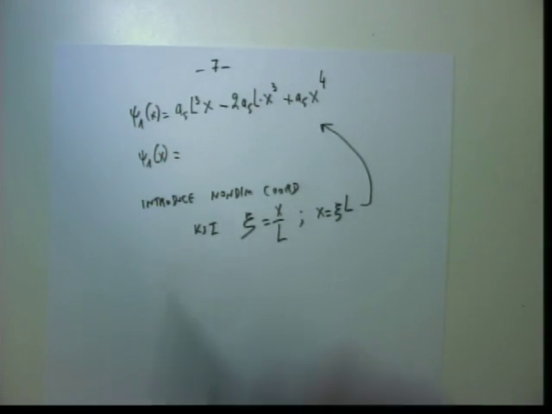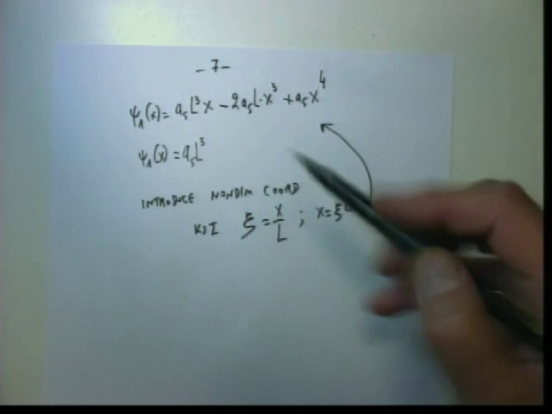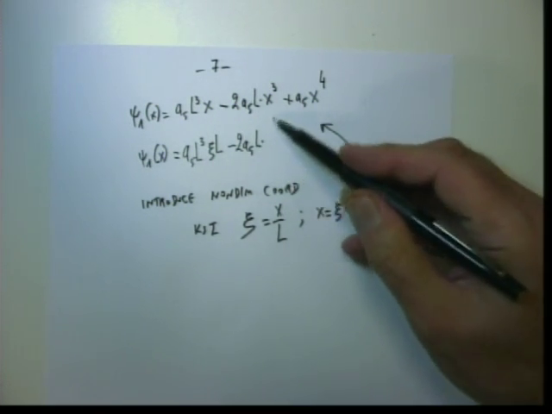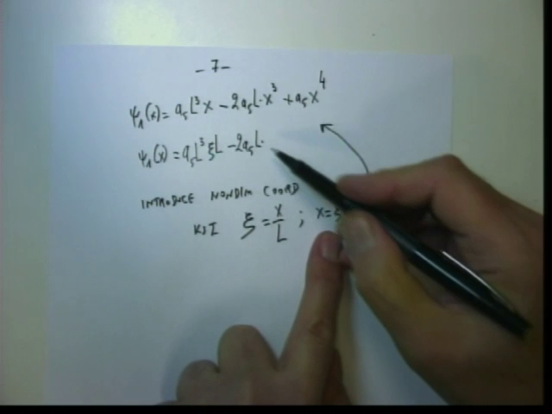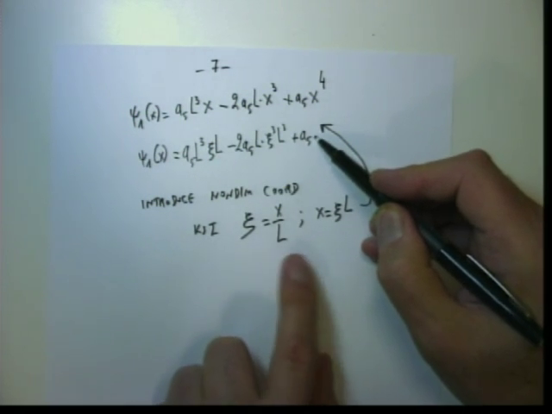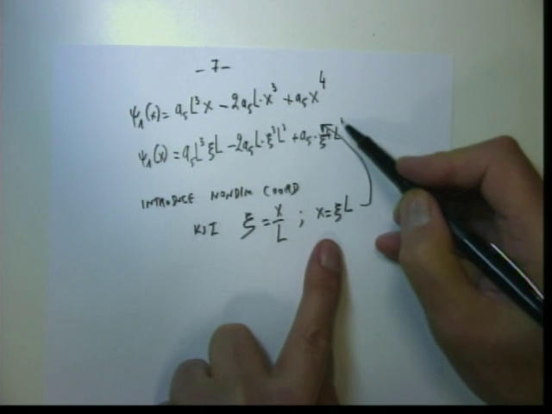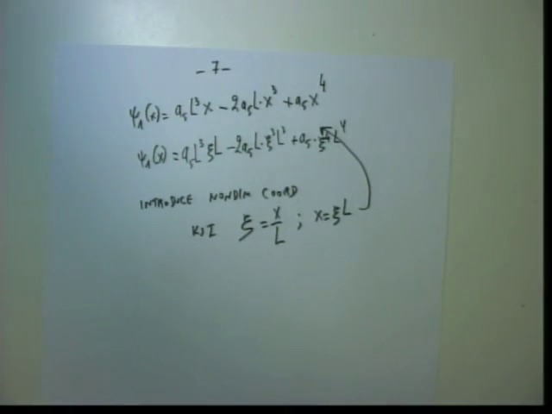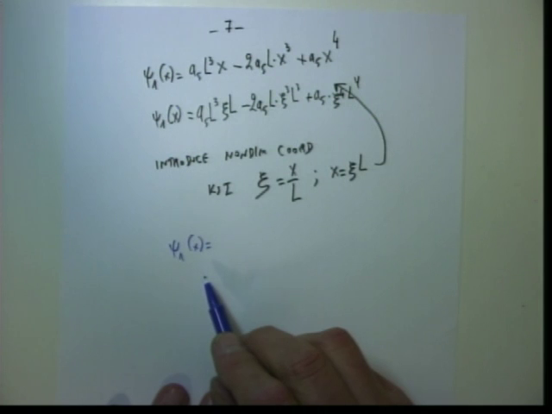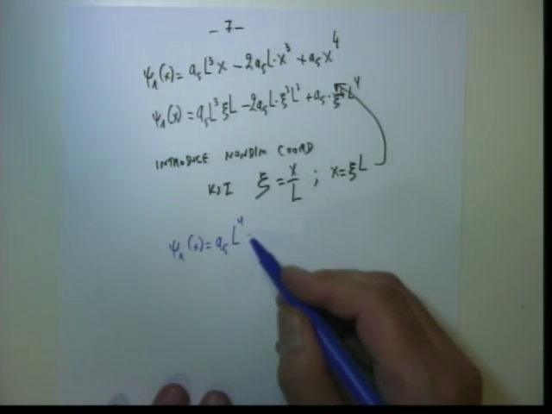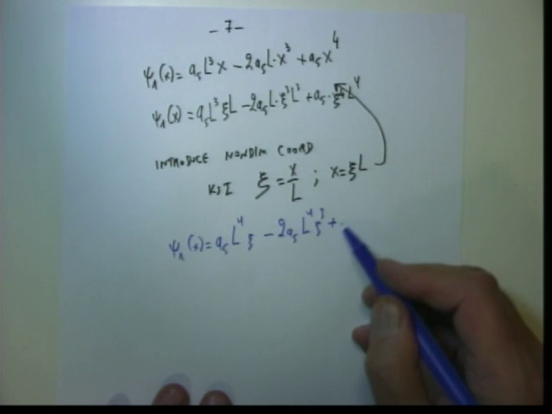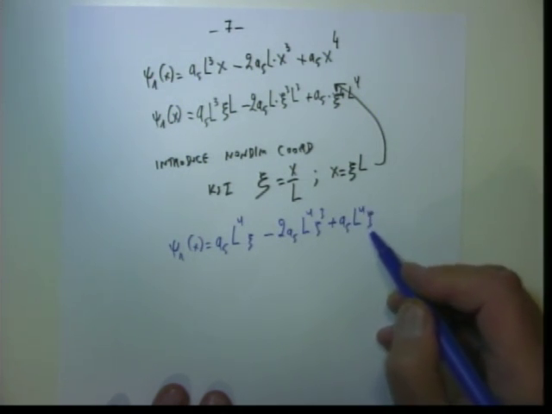I get A5L cubed times xi L, minus 2A5L times xi cubed L cubed, plus A5 xi to the fourth power L to the fourth power. So psi 1 equals A5L to the fourth power xi, minus 2A5L to the fourth power xi cubed, plus A5L to the fourth power xi to the fourth power.